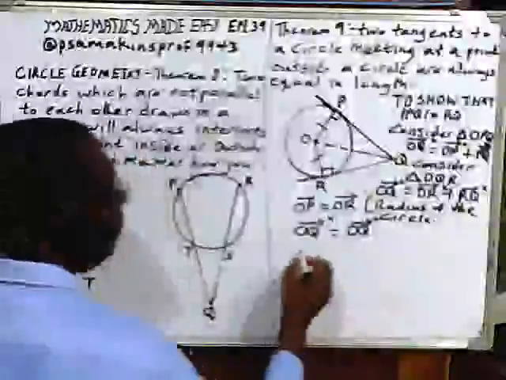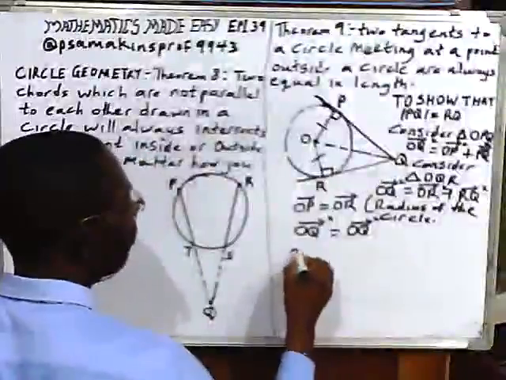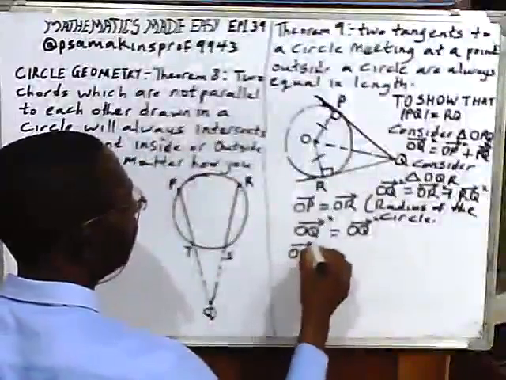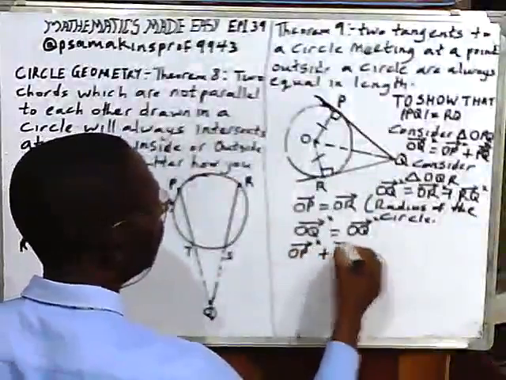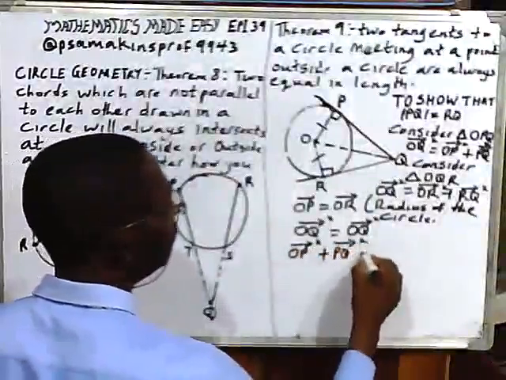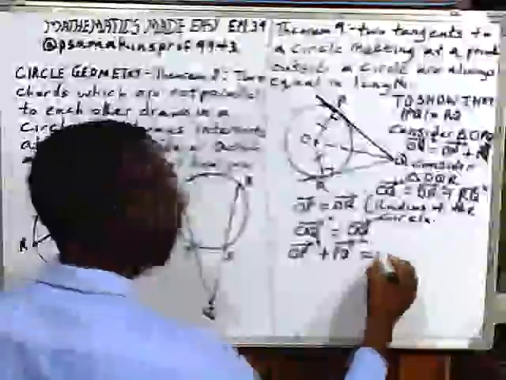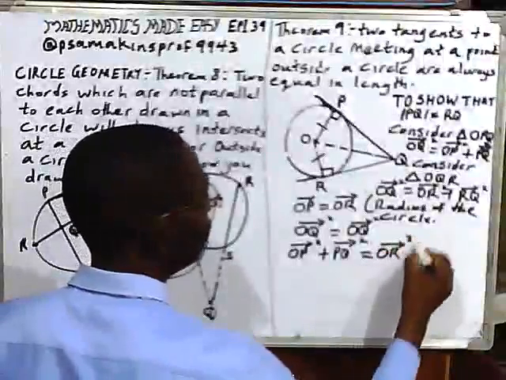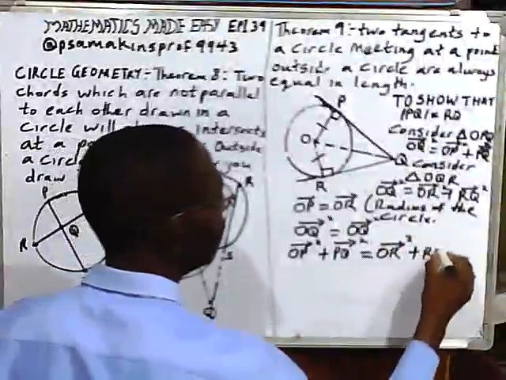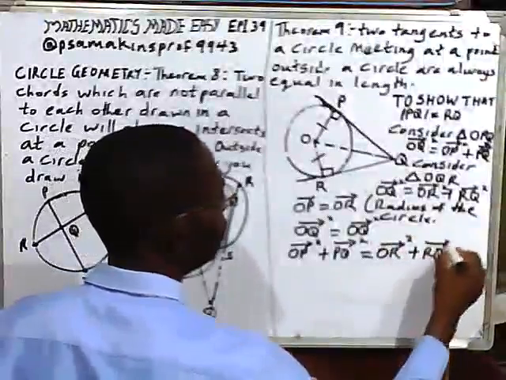If that is the case, that means OP squared plus PQ squared should be equal to OR squared plus RQ squared.